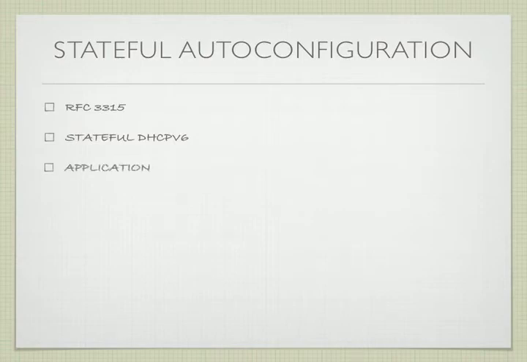So if you don't want the routers to be selecting the prefix of the network based on what they know on the line, you want to control what addresses are deployed where in the network, you can use this. So you would use this when you need full control over your IPv6 address space.